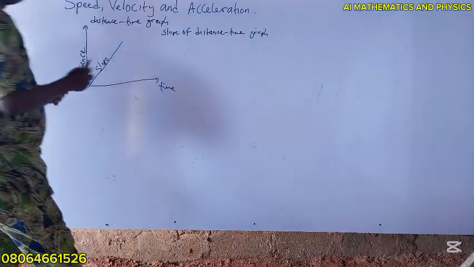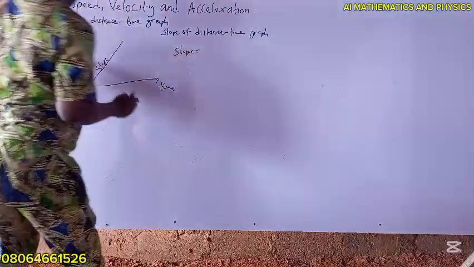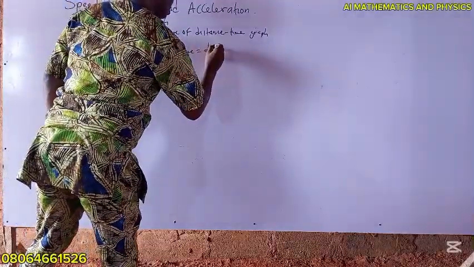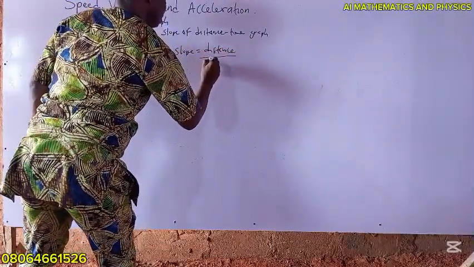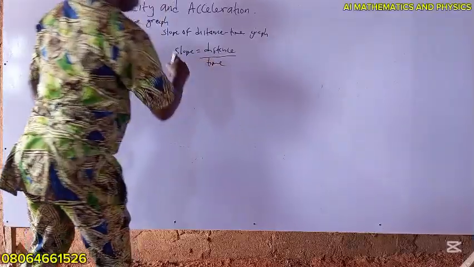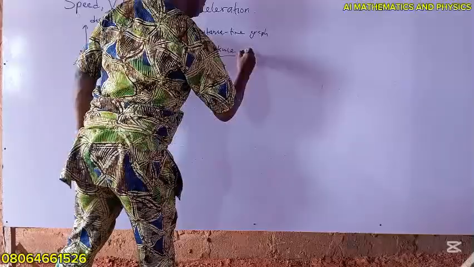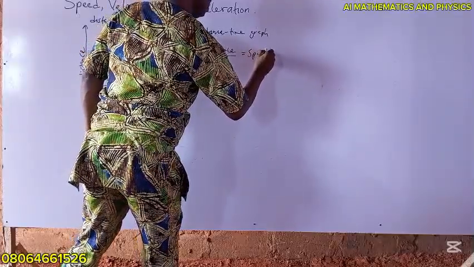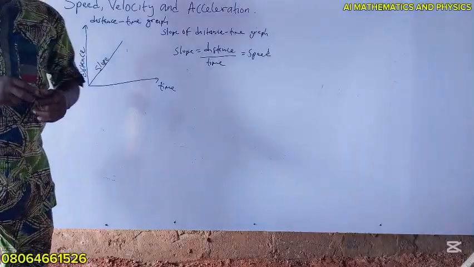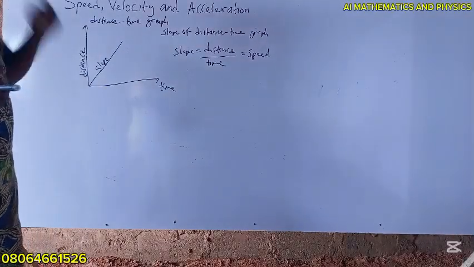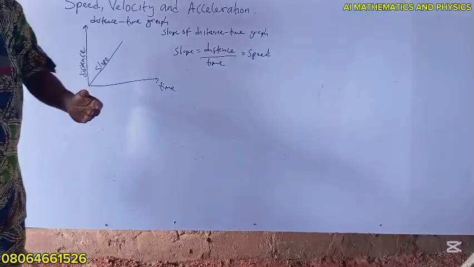It means that the slope here is distance over time. And when we have distance over time, it means speed. So in any OBJ question, the slope of distance time graph is speed.